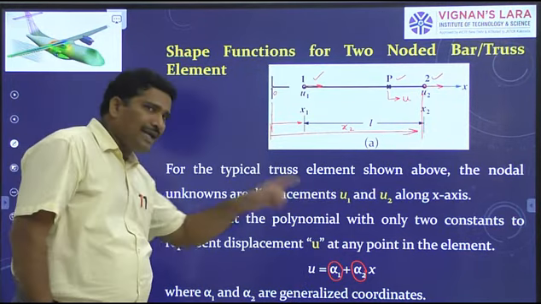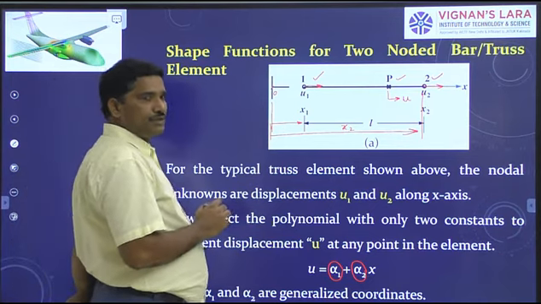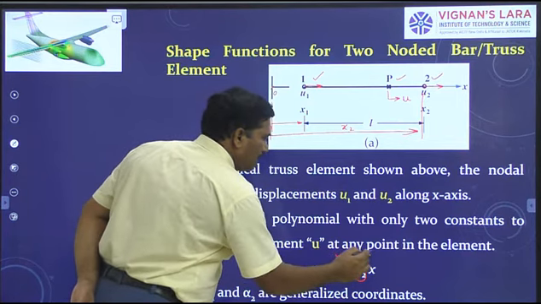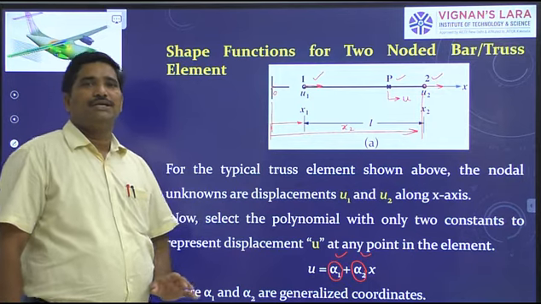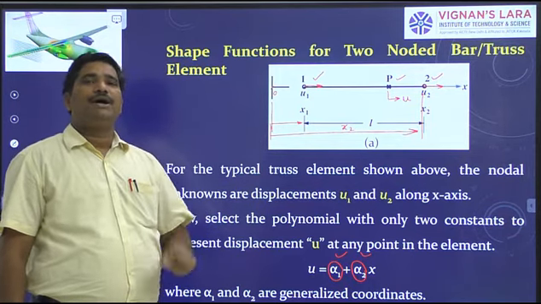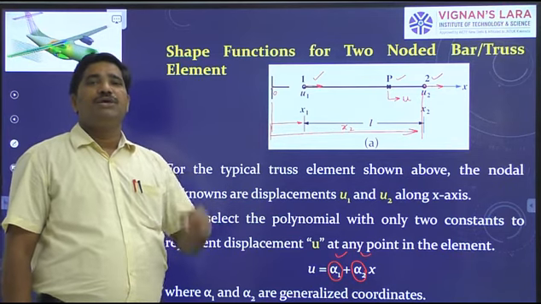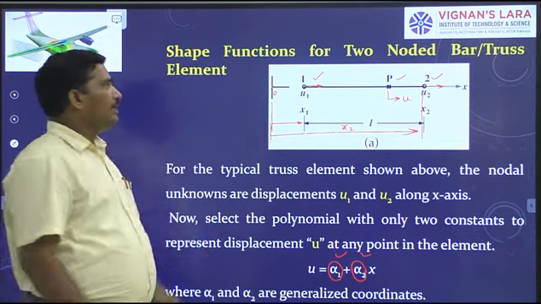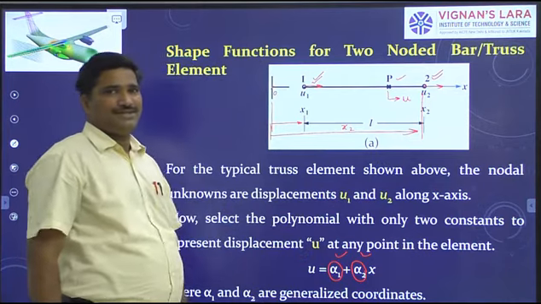Therefore, when I write a polynomial for displacement, the number of constants equals the number of degrees of freedom in the element. Because there are 2 degrees of freedom, I take 2 constants.